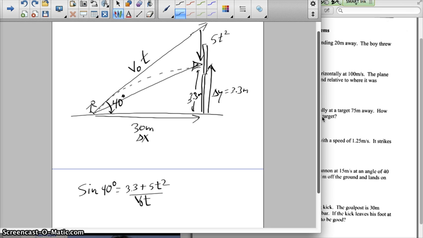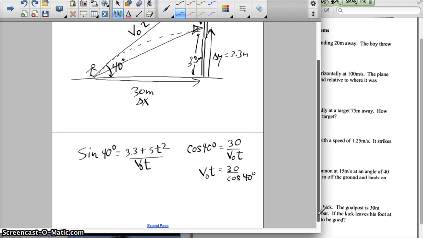So let's use cosine. Cosine of 40 degrees is going to be 30 over v naught t. And so that means that v naught t is going to be 30 over cosine 40.